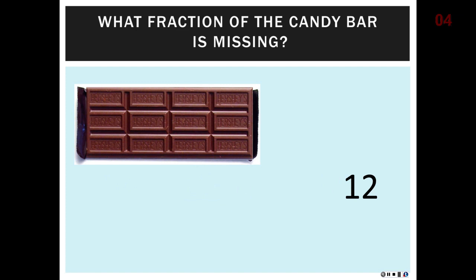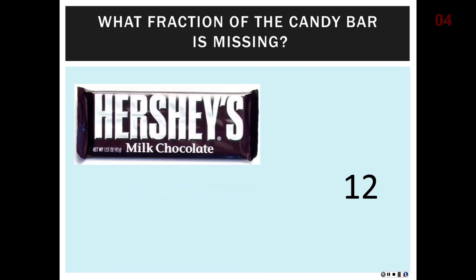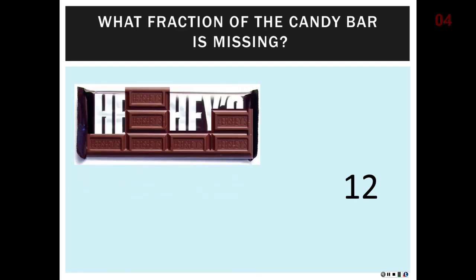There's 12 of them. And I ate some. So can you tell me how much of it is missing? What does the question say? How much did you eat? Okay. 5 out of what? All right.